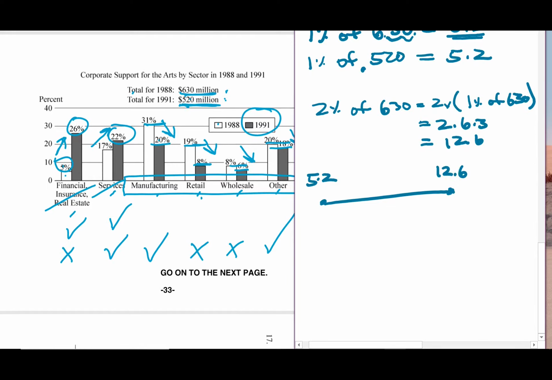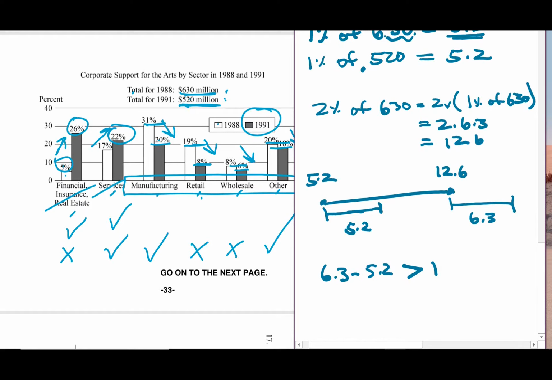Every time I add another percent, for instance, I'm adding another 6.3. But if I add a percentage right here, I'm only adding 5.2. So notice how the difference between 6.3 and 5.2 is greater than 1, and of course greater than 0.